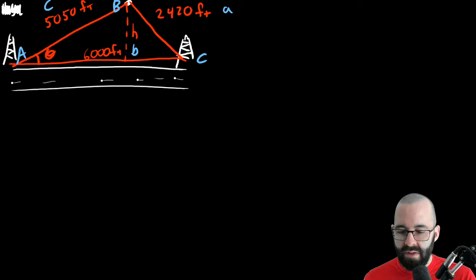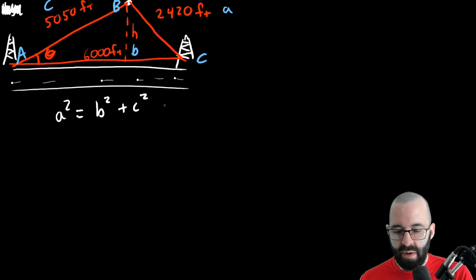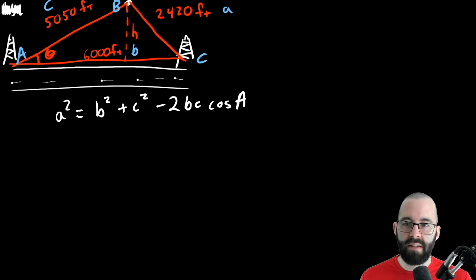All right, so the law of cosines that we're going to use is the one with a capital A, which means it's the one with the little a. So a squared is equal to b squared plus c squared minus 2bc cosine of A. Plug everything in, simplify, use a calculator.